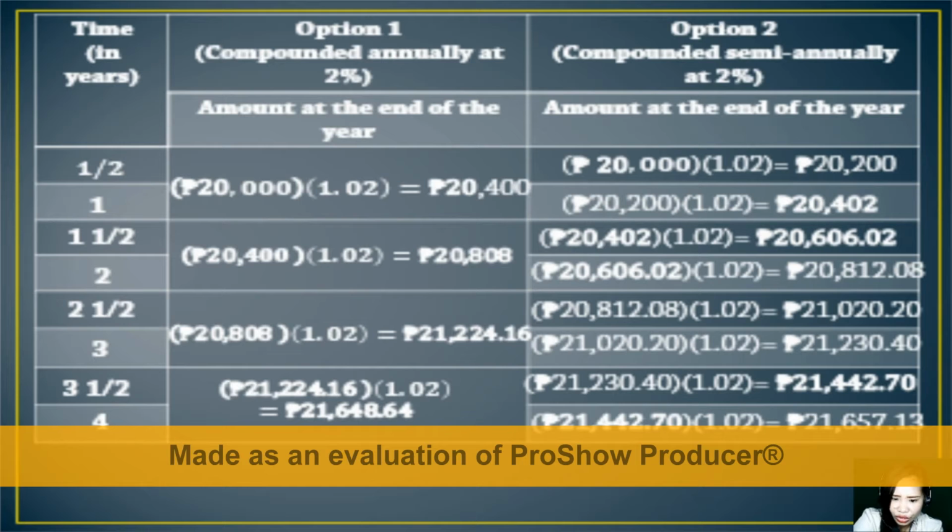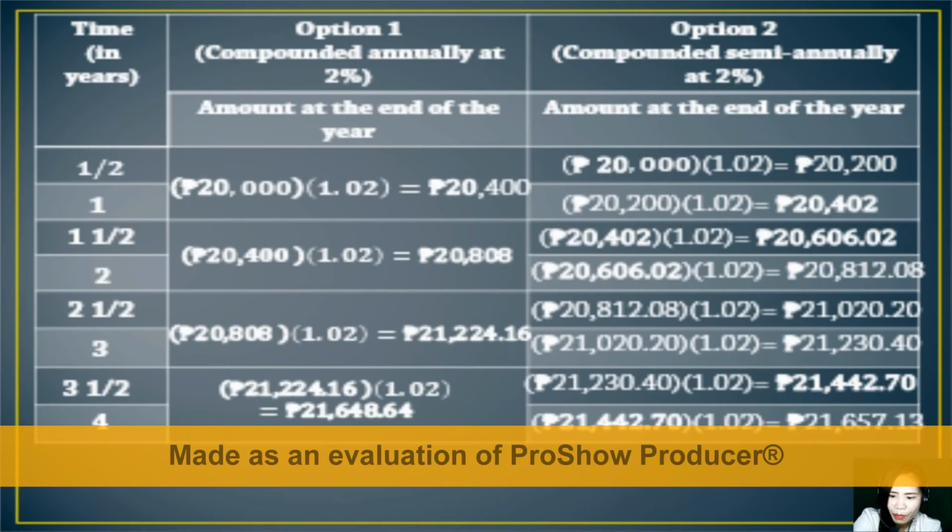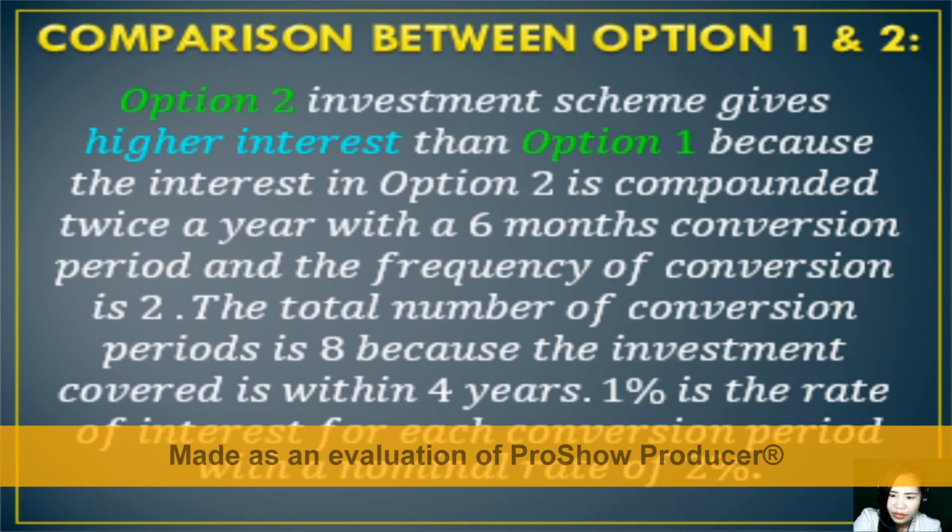Now the question from the previous problem is that you need to compare. After comparing from the table that we have observed, this is now your comparison. Option 2 investment scheme gives higher interest, higher earning than option 1 because the interest in option 2 is compounded twice a year.